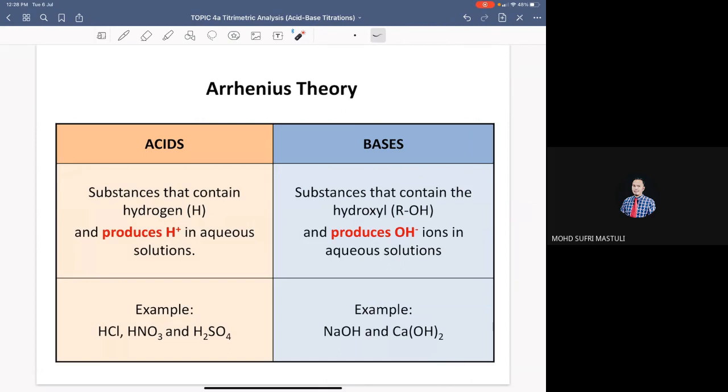Examples of acid are hydrochloric acid, nitric acid, and sulfuric acid. However, a base is any substance that contains a hydroxyl group and introduces hydroxyl ions, OH minus, in aqueous solution. Common examples of base are sodium hydroxide and calcium hydroxide.